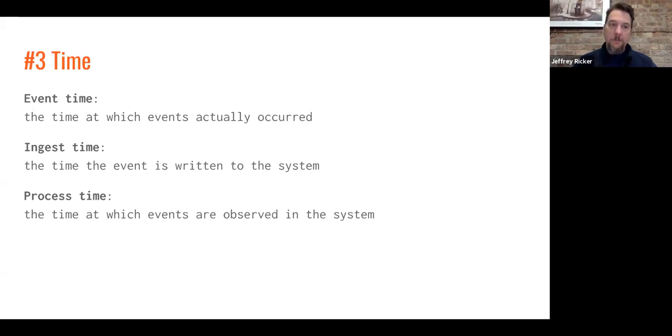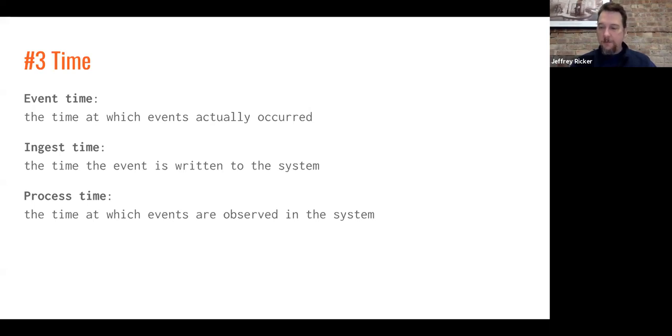And so it may be constantly recording, but it may have to batch up data to the system. So the event time, the recording time, and the ingest time, when it actually gets into the system, there may be a gap there. And there's most certainly a gap in the process time, which is when the event is observed in the system by a particular processor.